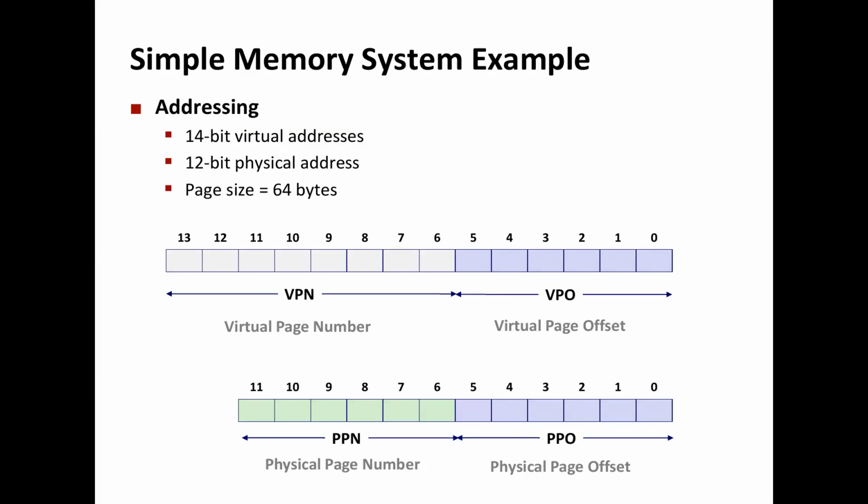Okay, and then the physical page number is a 12-bit address. The page offset is going to be the same, of course, but the page number can be entirely different. Virtual addresses and physical addresses don't have to be of the same length, even though for a 32-bit processor that used to be the case, with 32-bit virtual and 32-bit physical addresses. Even that was later extended to higher physical addresses.